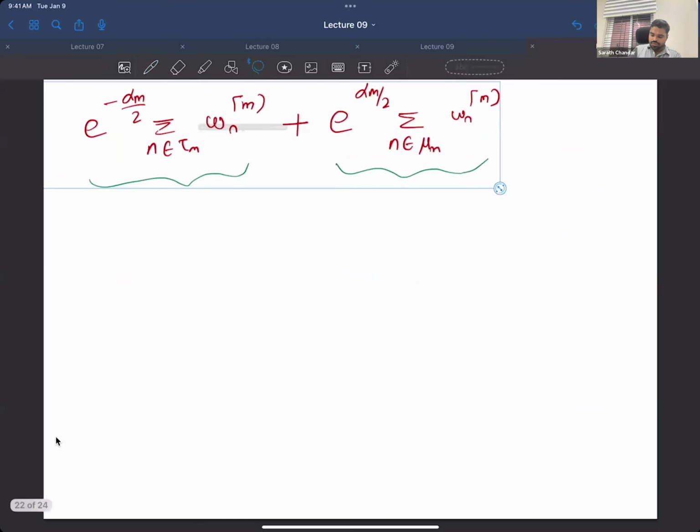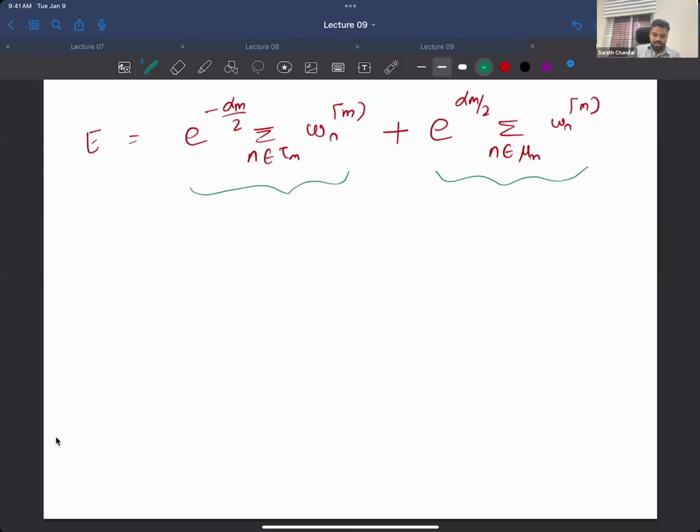I'm going to do a few modifications here with some basic algebra. Let's take the misclassified examples.